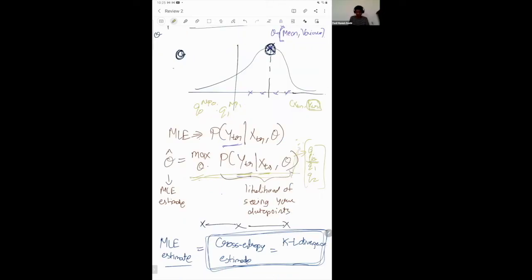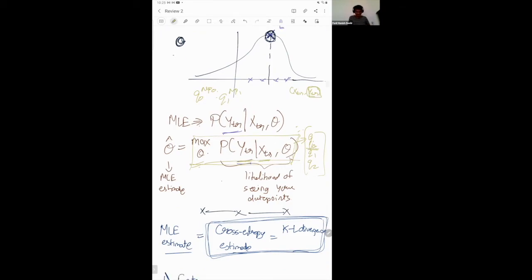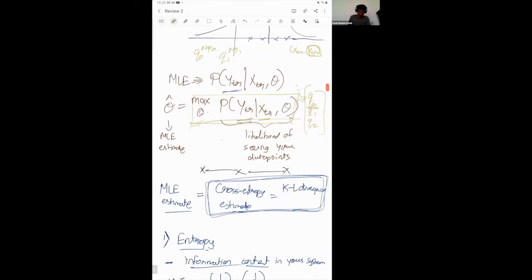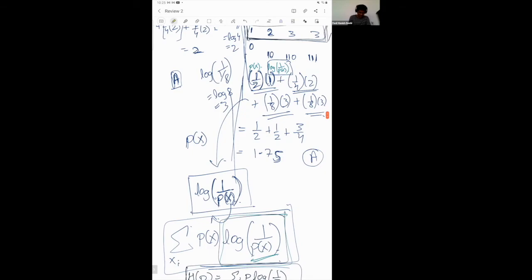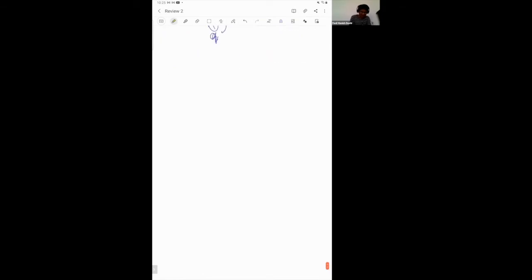I would like to give this as an exercise. This is not some kind of homework, but feel free to do this in your free time. So I've given you x train and y train. Let's say these are the data points x1, x2, up to xn.